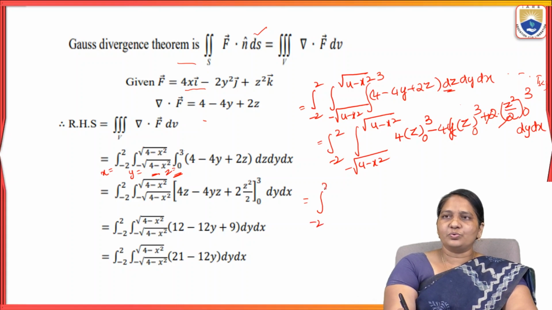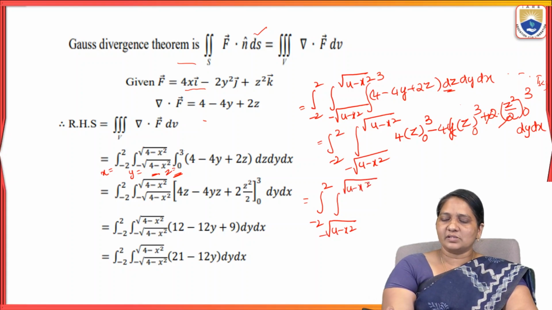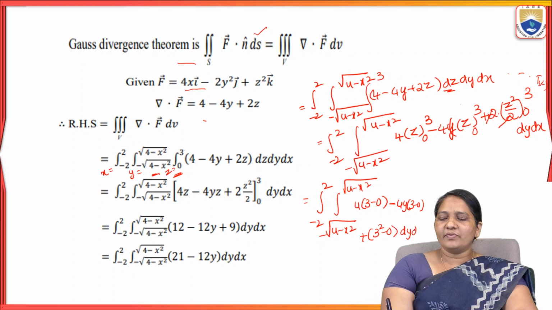Integral from minus 2 to 2, integral from minus square root 4 minus x square to square root 4 minus x square.